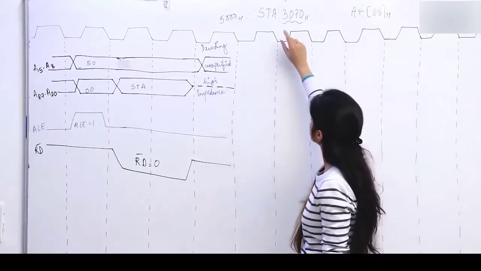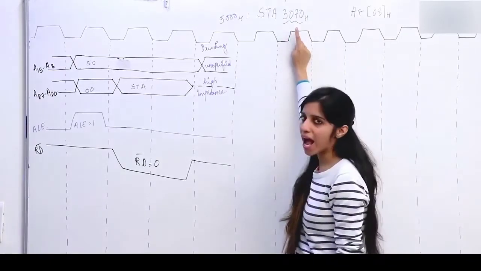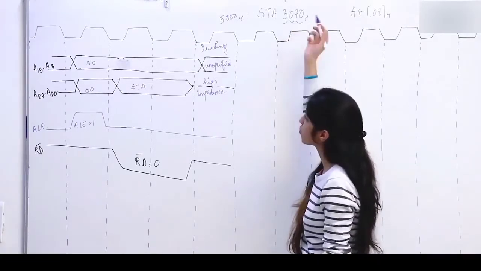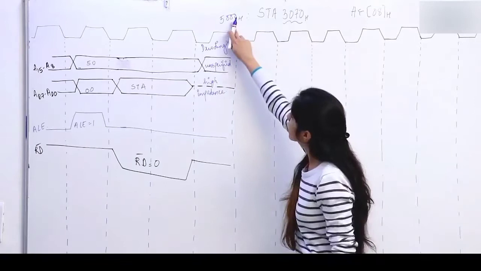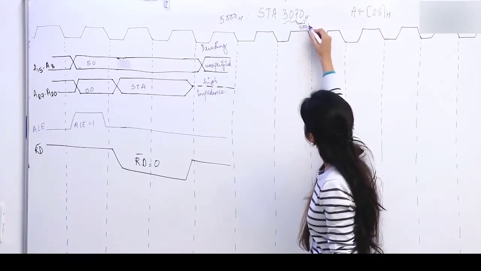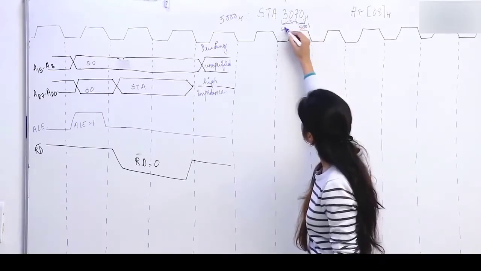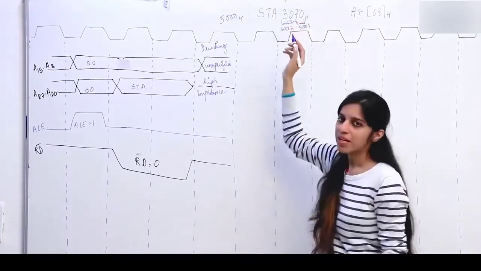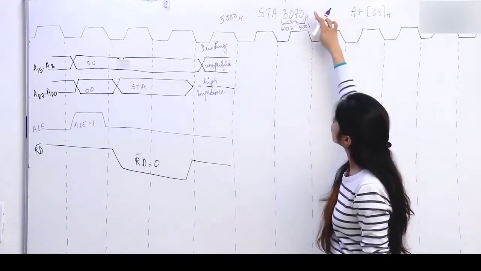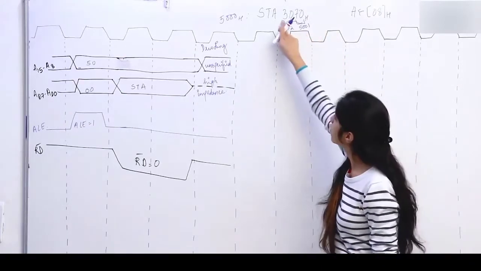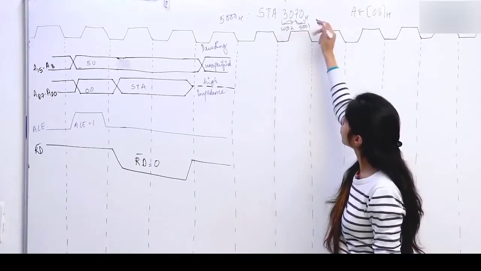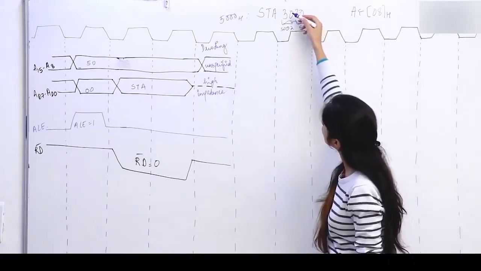Also, one more thing you can note here is, whenever we store an address like 3070 in memory, the next location 5001 will contain this part of the address and 5002 will contain this part. You can remember this as: the lower byte of the address is stored in the lower address, the higher byte of the address is stored in the higher address. So firstly we are going to get 70, then we are going to bring 30.